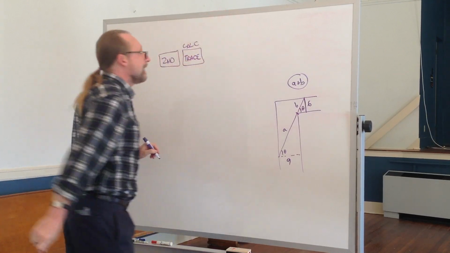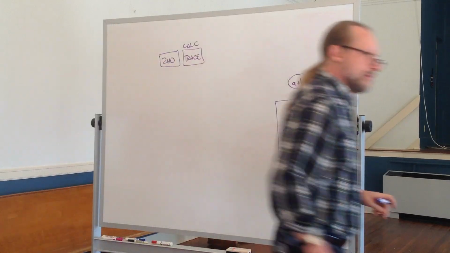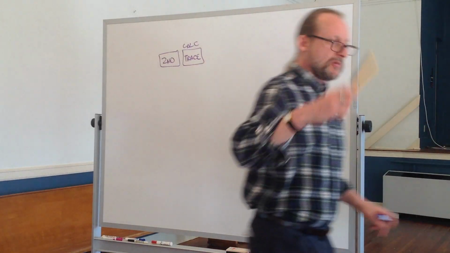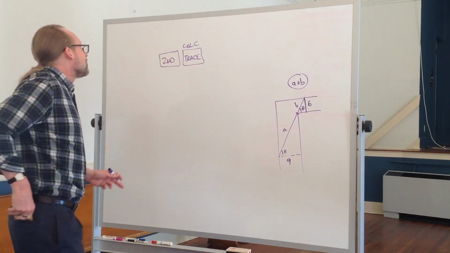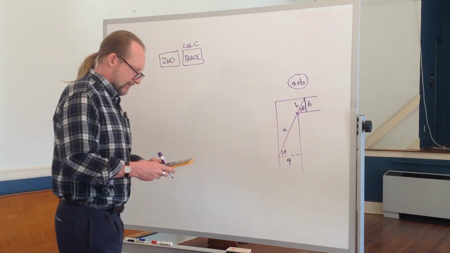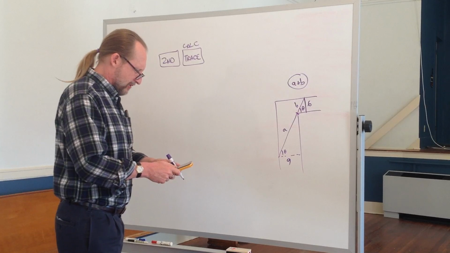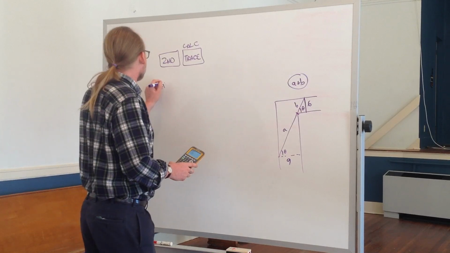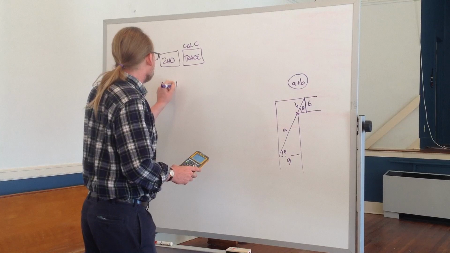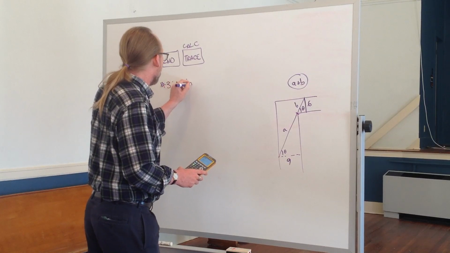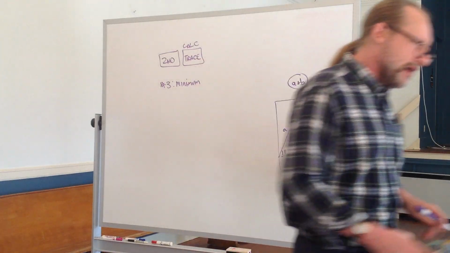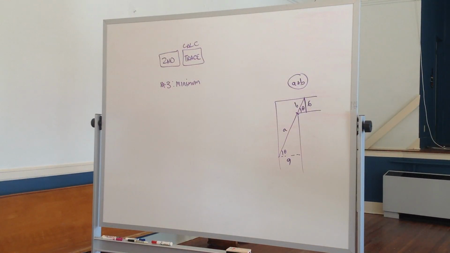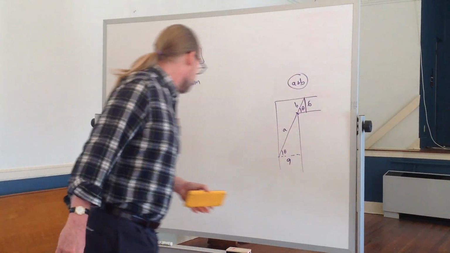I'll show you in just a minute how to go about doing this. Second trace, and then choice number 3 is find the minimum, and choice number 4 is find the maximum, which I think we're going to do in problem 2.